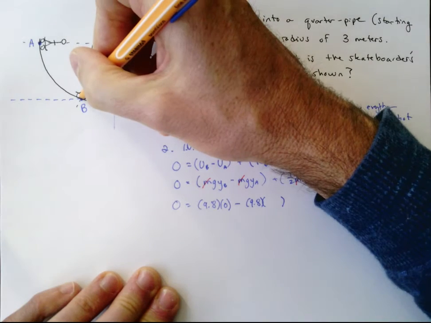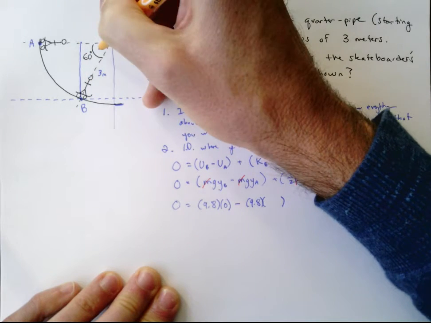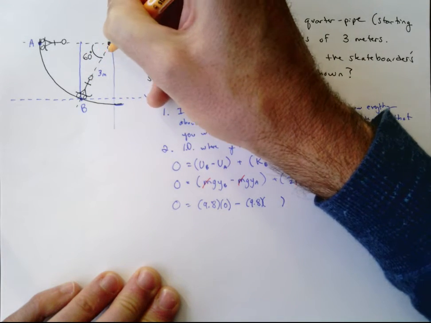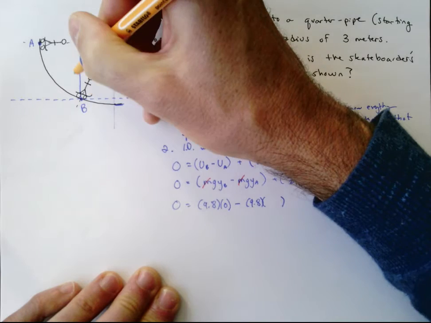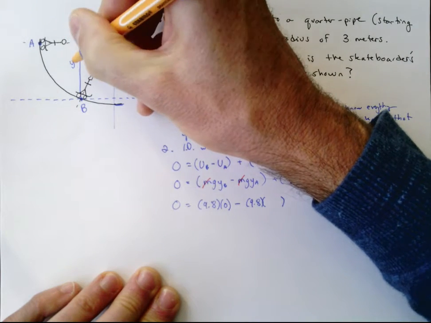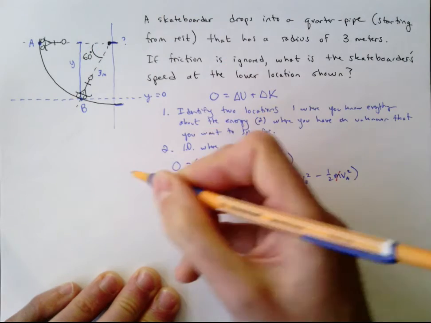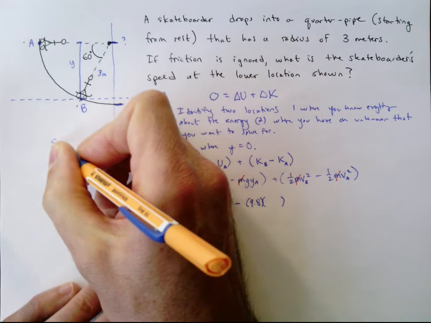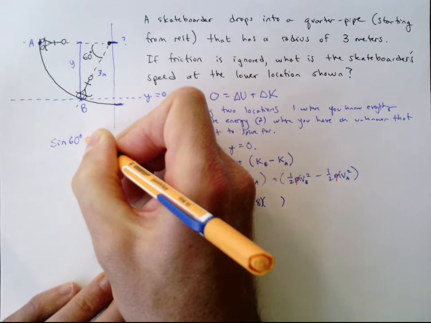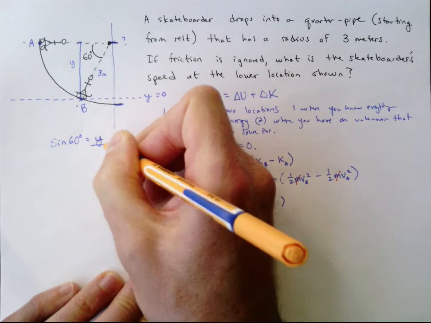Maybe it's a little bit easier to look at it over here. This is a 60-degree angle right here. This hypotenuse is 3 meters. This is what we're interested in, our y coordinate over here. It's opposite the 60 degrees. The sine of 60 is equal to opposite over hypotenuse.